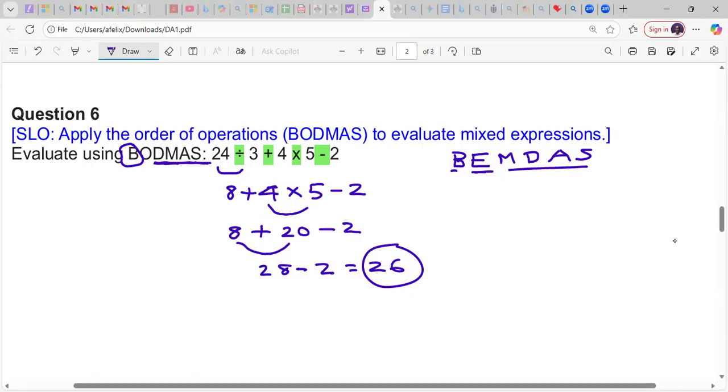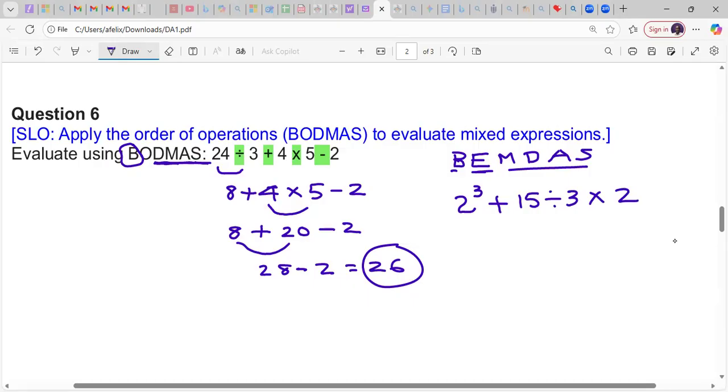The E, however, is important. It refers to what we call exponents, or some of you may have met it as indices or powers. So if a problem has 2 cube, multiply, add 15 divided by 3, multiply by 2.